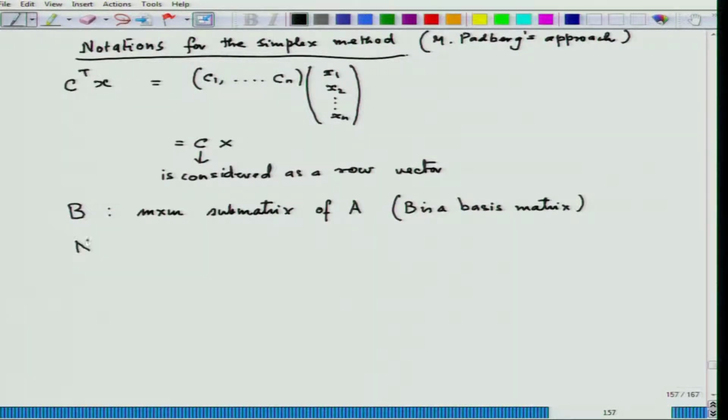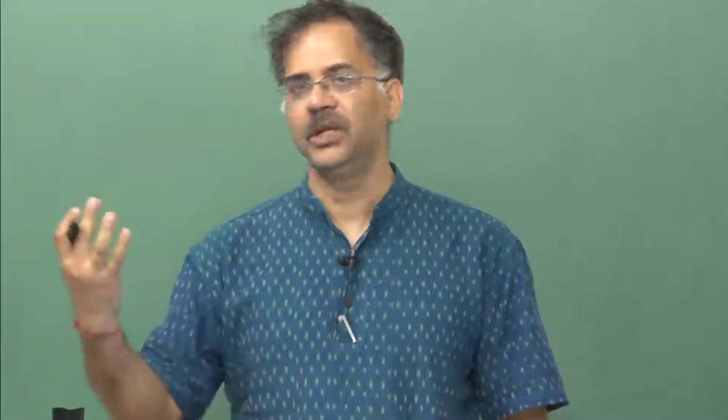N is the rest of the matrix when B is pulled out. Whatever columns are remaining when you take off B is your N, the non-basic part.